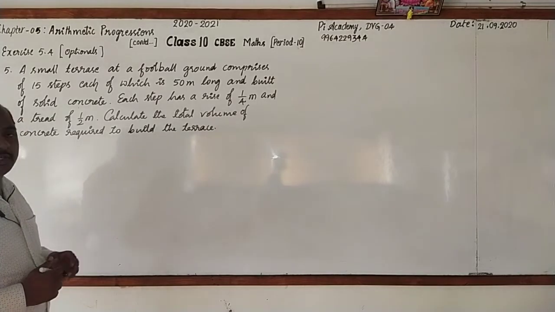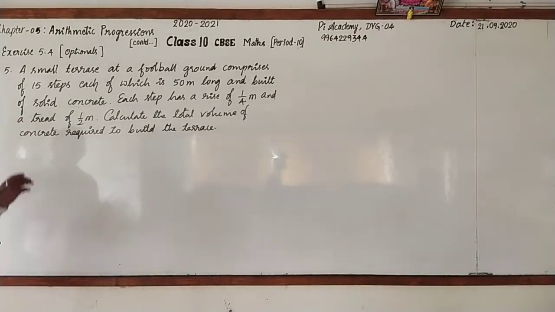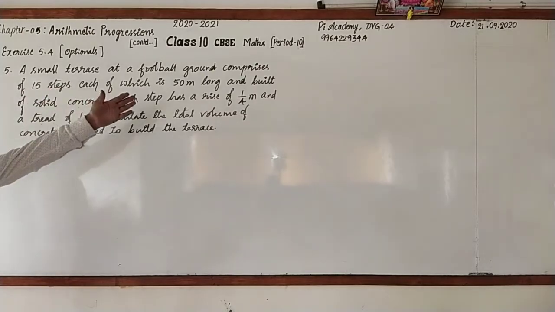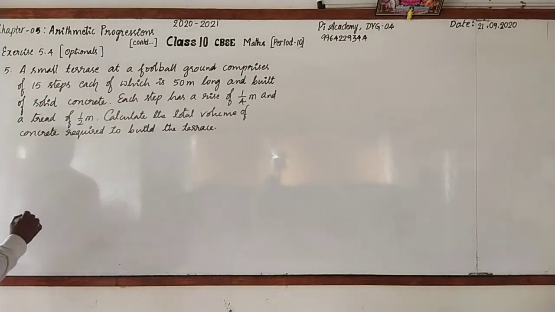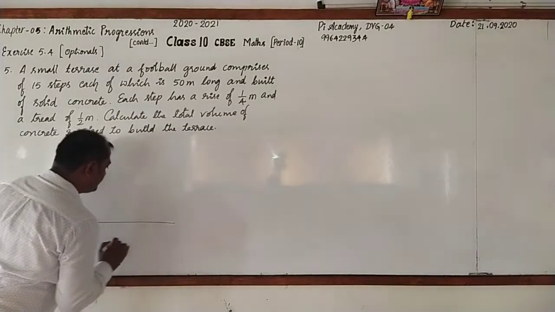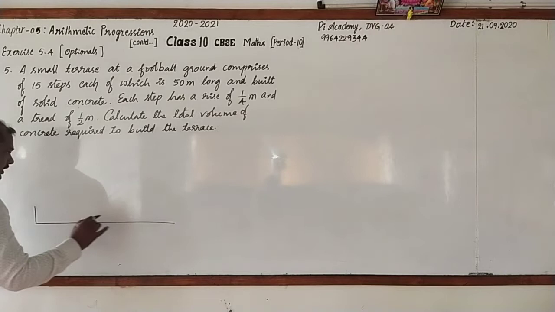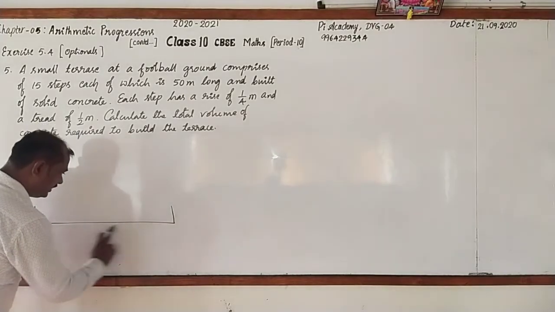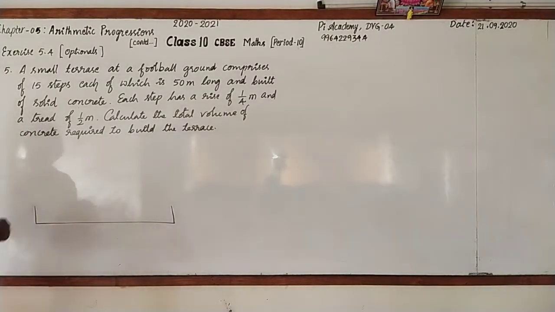Hope that you have written it. And to make you to understand this statement, I go for drawing the figure. Here they are given the steps, right? Just look at them. Here I am drawing that. So you can say that this is the length of the step. What is the length of the step they are given?